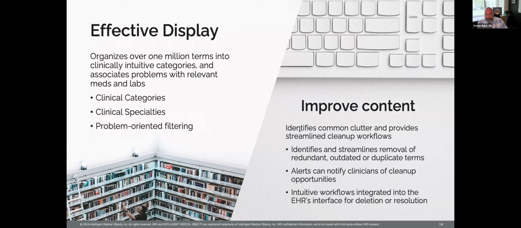So we were trying to identify ways to remove redundant, outdated, and duplicative terms, and gently alert when there were opportunities for cleanup without being too intrusive into the clinical workflow. And we'll talk about that cleanup of a portion of the list as opposed to the whole list when we touch on the governance of the problem list, because that is very crucial to that.